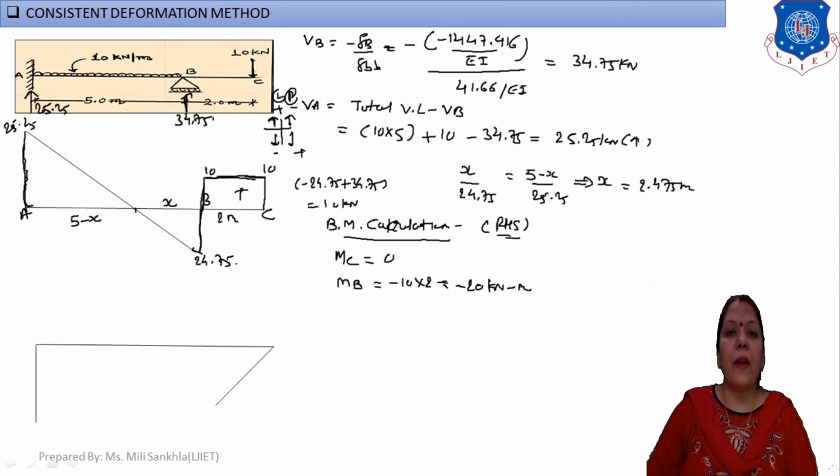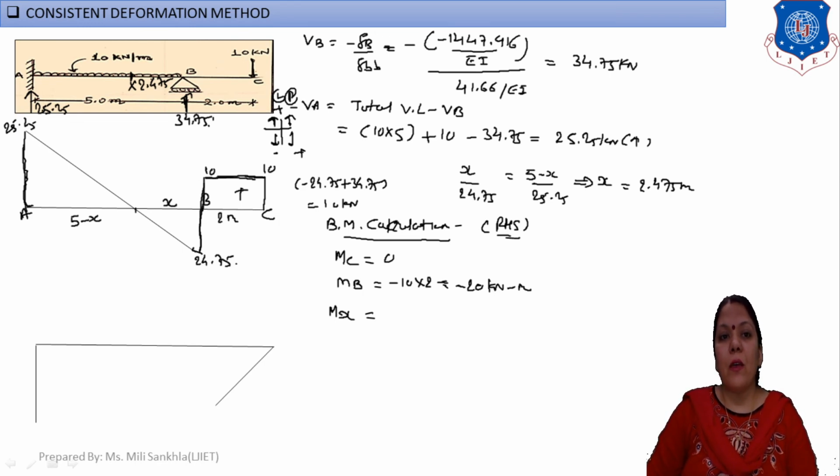Now here I find the moment at X. Mention here moment at X is equal to, that means somewhere here, this point, and this distance we found is 2.475. Now one by one, moment at X from the right-hand side, 3 loads are given: first 10, second 34.75, and this UDL.